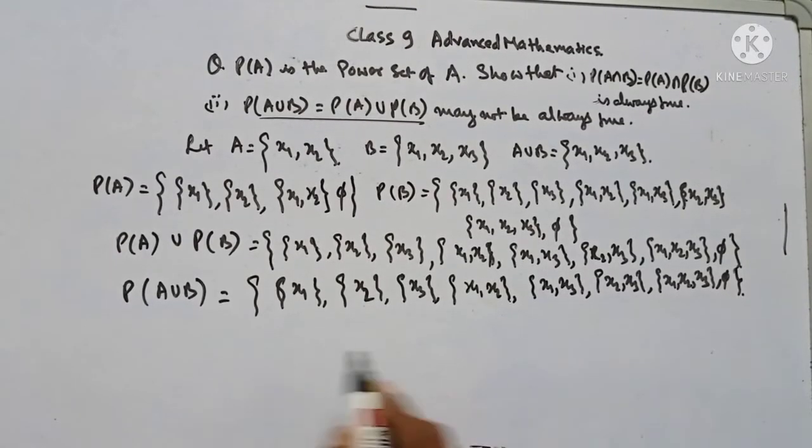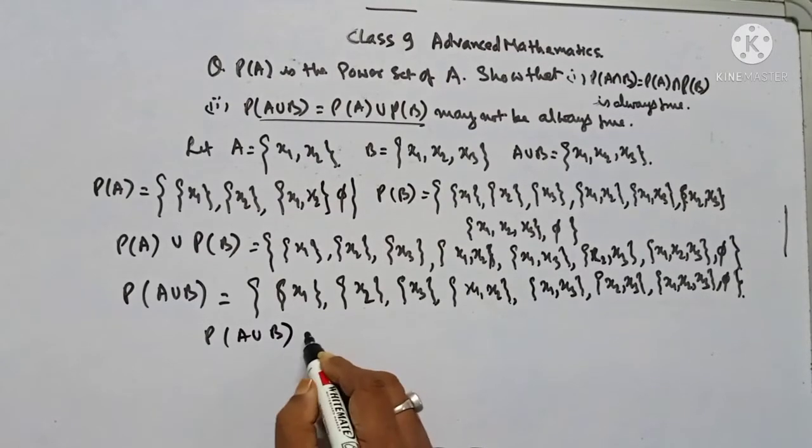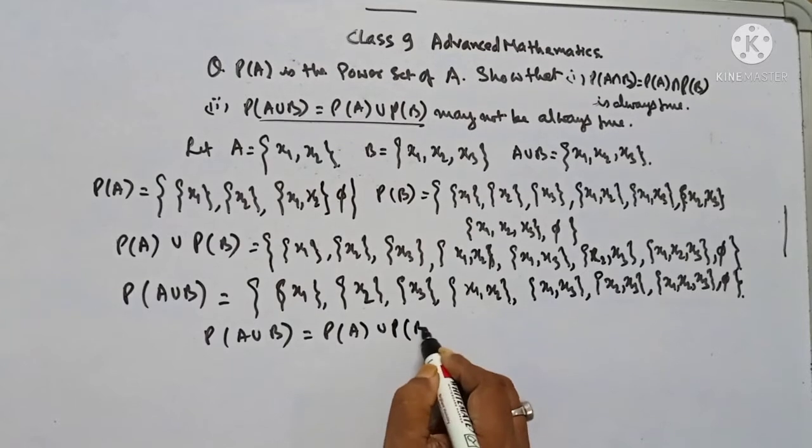So from here we see that P(A ∪ B) is equal to P(A) ∪ P(B).